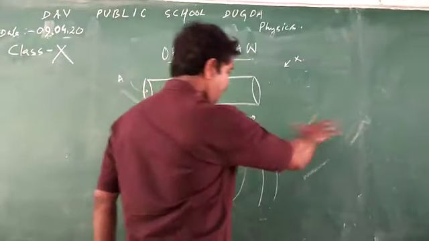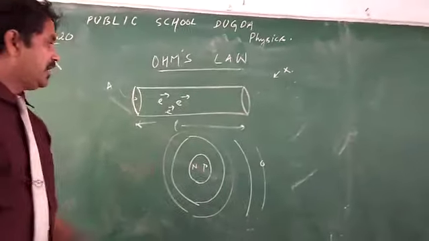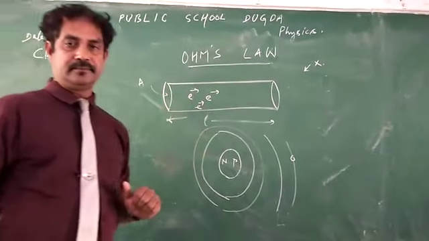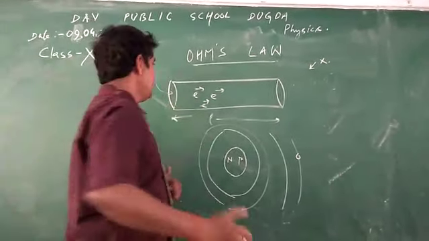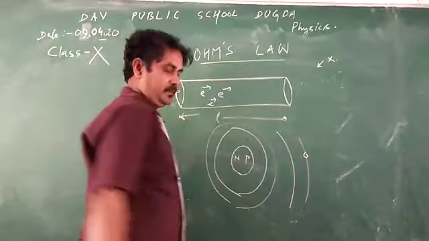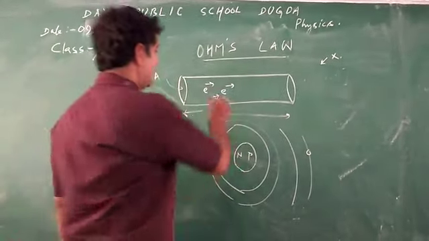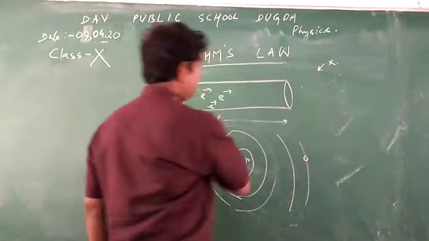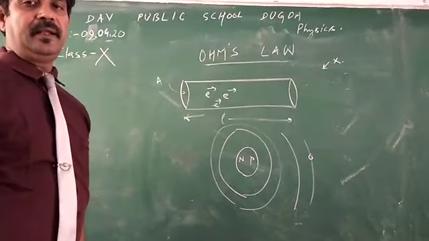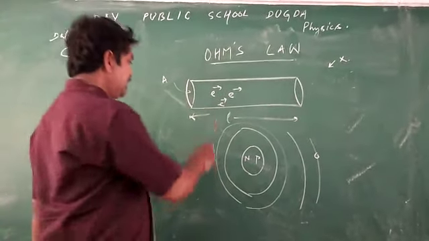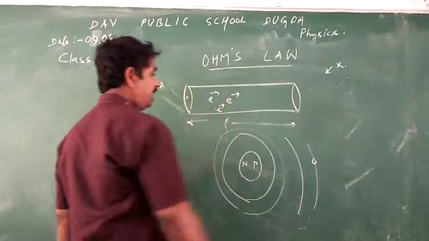They move freely inside the conductor, even when there is no potential difference. These electrons are called free electrons.